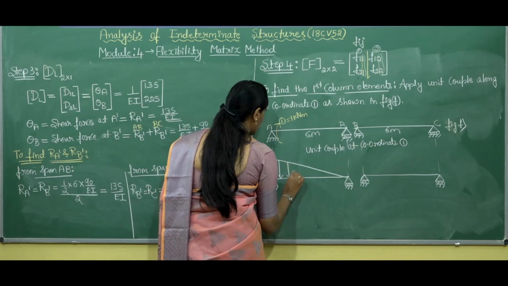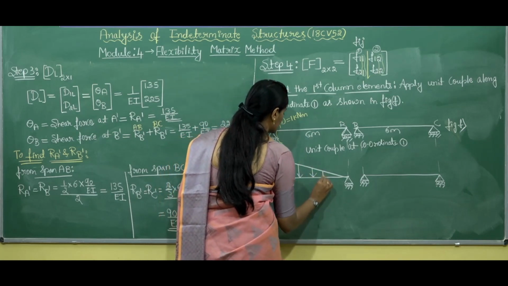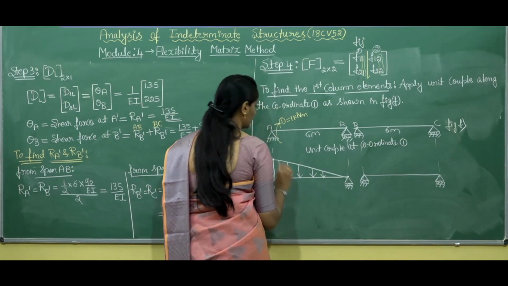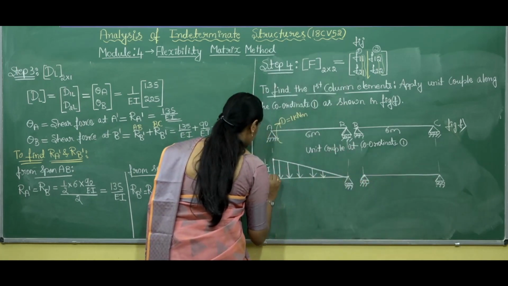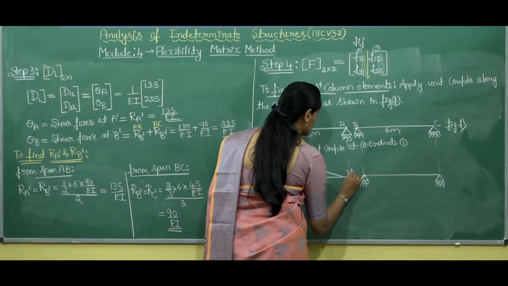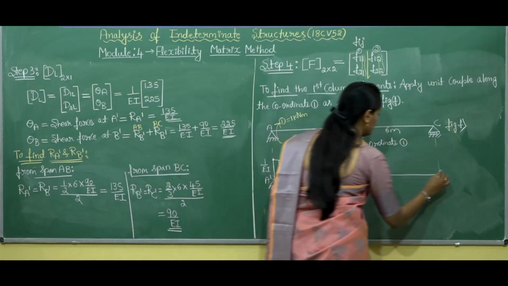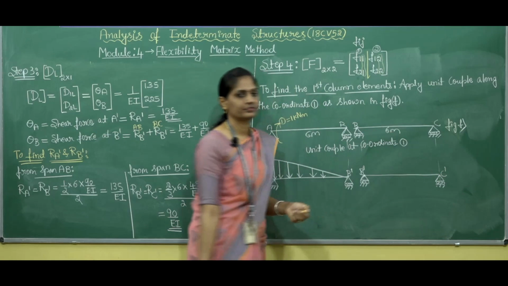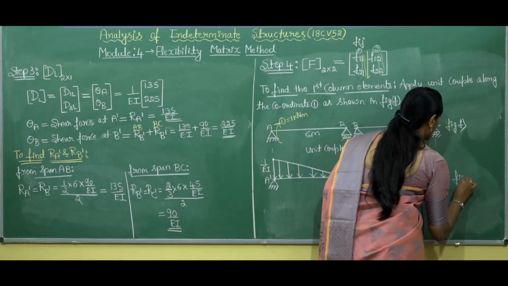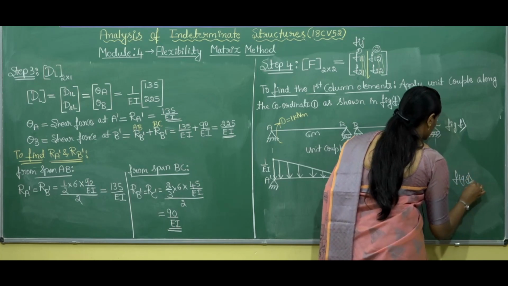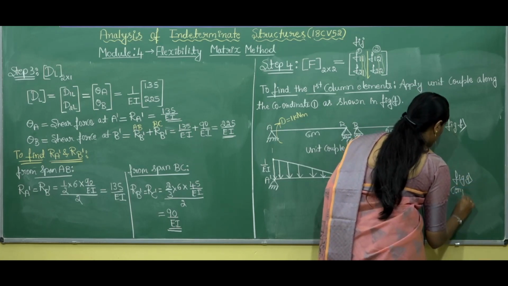Since we have positive bending moment, the loading condition will be in downward direction, and we can call this A dash, this is B dash, this is also B dash and C dash. So this is called figure G and this is called the conjugate beam.